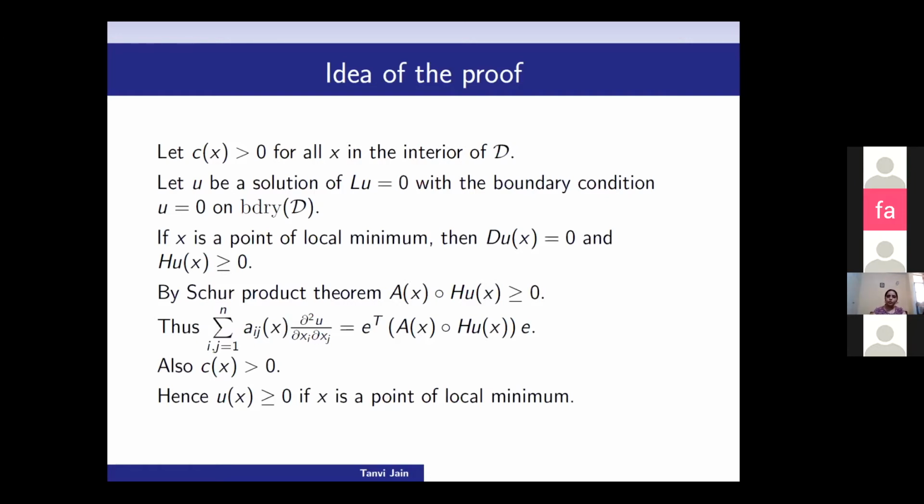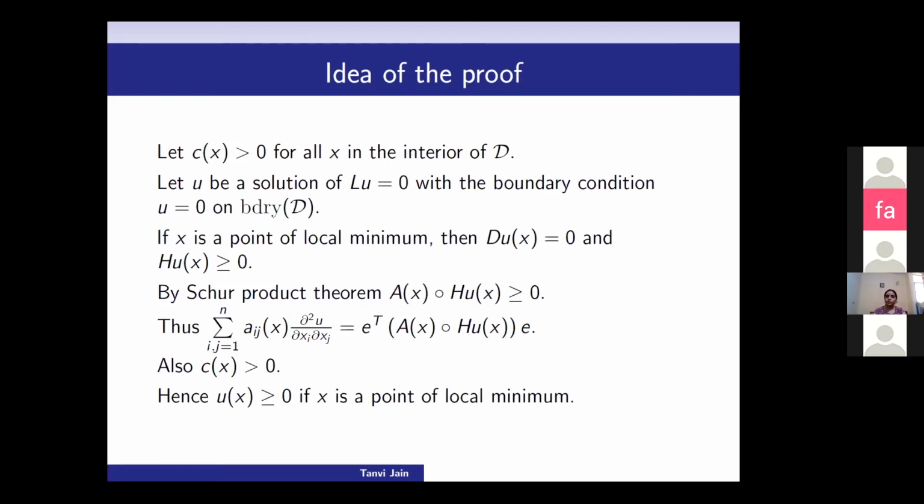Now, Schur's theorem tells me that A(x) not H u(x) is positive semi-definite, and that gives me that E transpose A(x) not H u(x), E is greater than or equal to 0. And that tells me that the first term in the PDE that we had is positive.